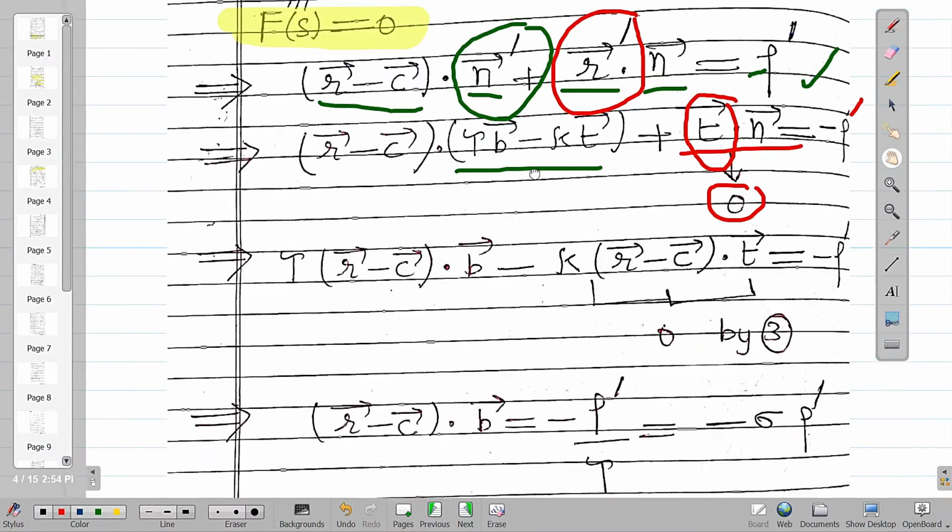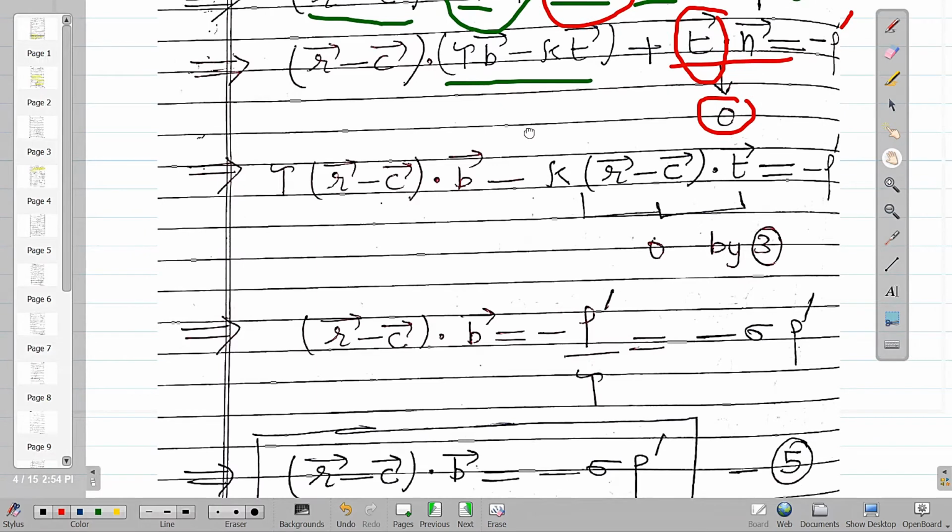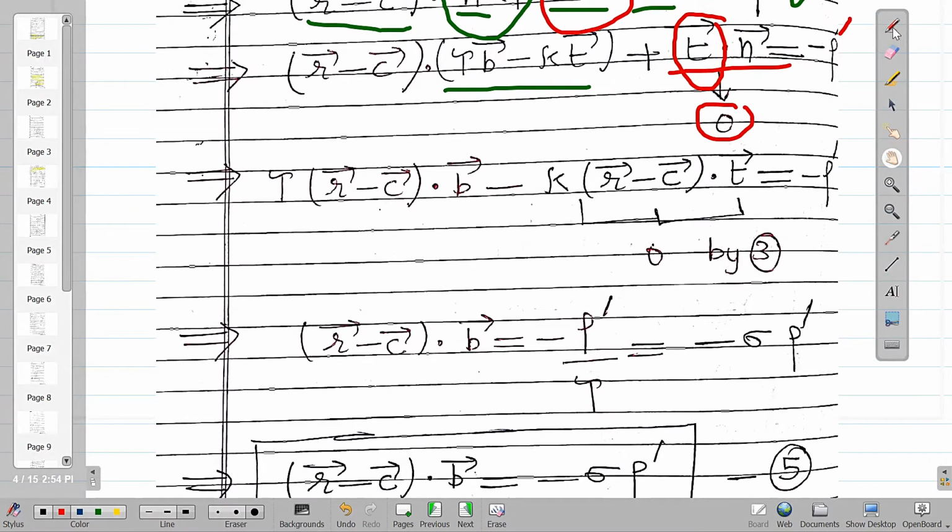Clear? Now, in the next step, this value is equal to minus rho dash. This is from the first term, (r minus c) dot tau b. This can be written in this form. Clear? And in the second step, this can be written as kappa times (r minus c) dot t vector.